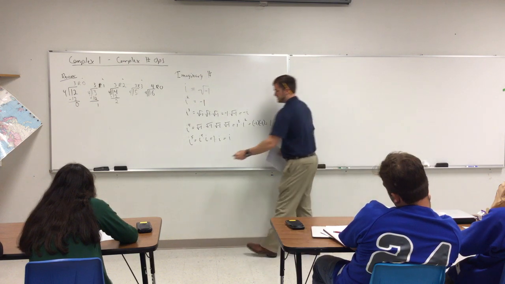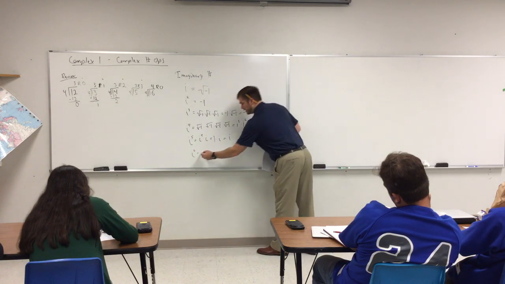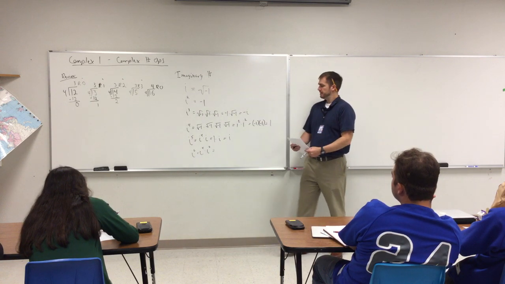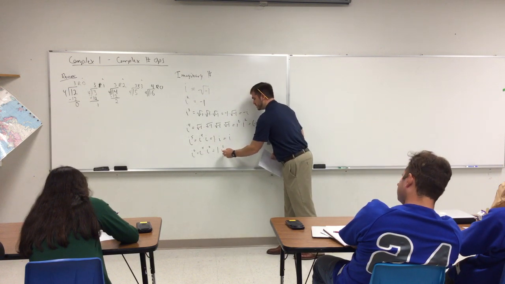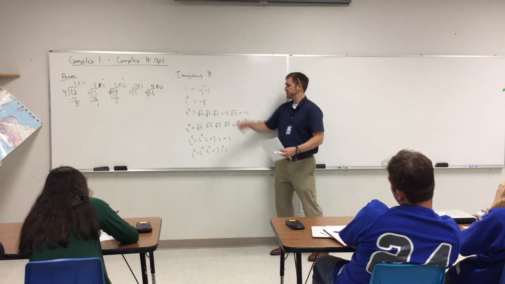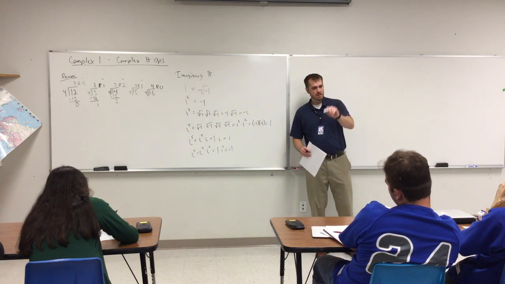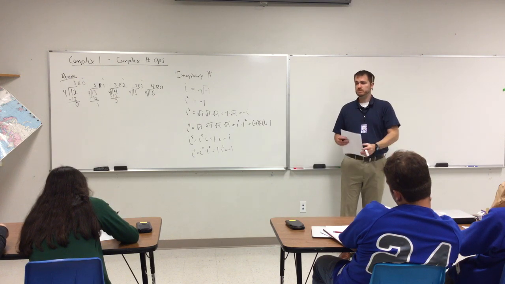What about i to the sixth? That's the same thing as i to the fourth times i squared. Right? i to the fourth is equal to 1. So 1 times i squared. We look back up here, i squared was negative 1. Hopefully you can see the pattern, as honor students.